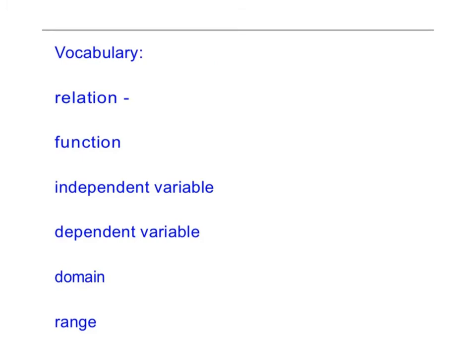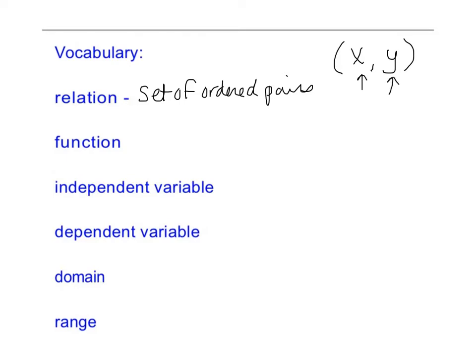Here's some vocabulary. A relation is a set of ordered pairs. An ordered pair, remember, has an x and a y coordinate, a first coordinate and a second coordinate, and that's a set of ordered pairs.